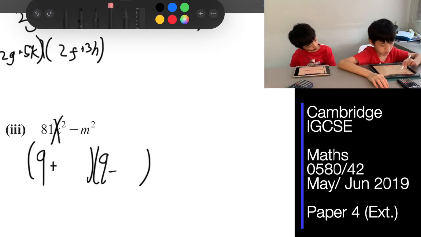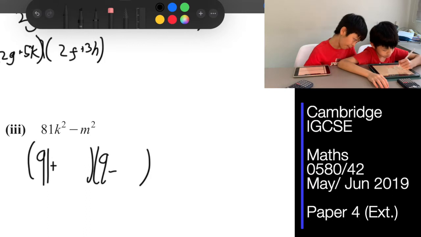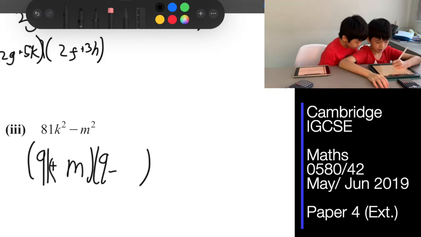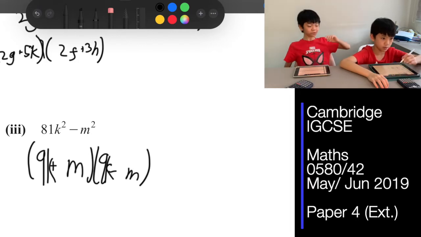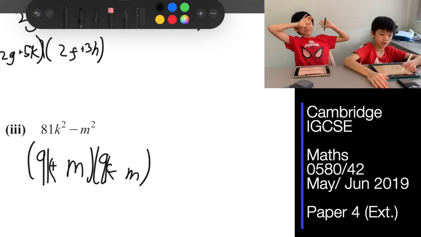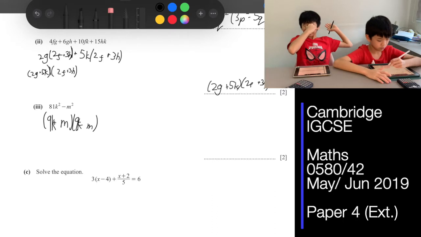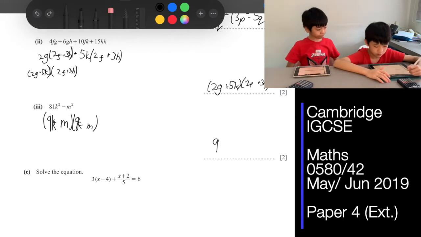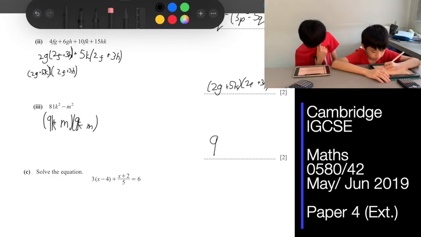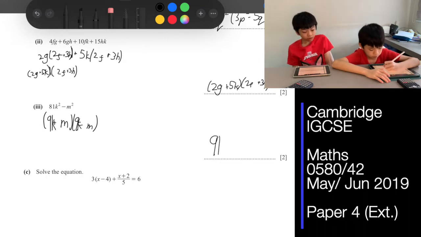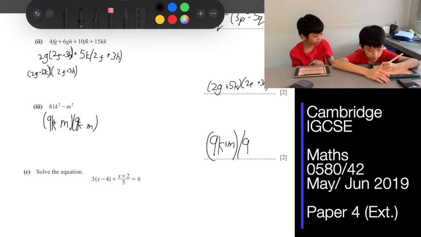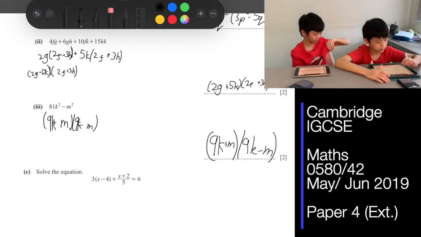But now there's a k, so it's 9k plus m and 9k minus m. So the answer is 9k plus m times 9k minus m.